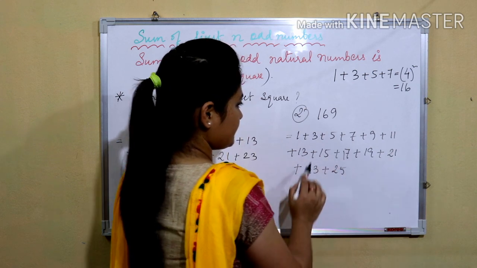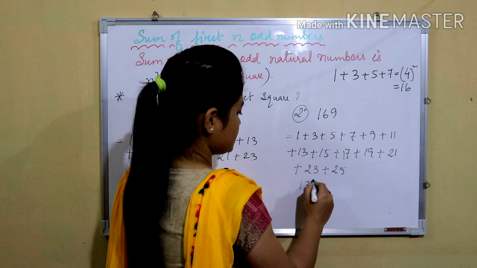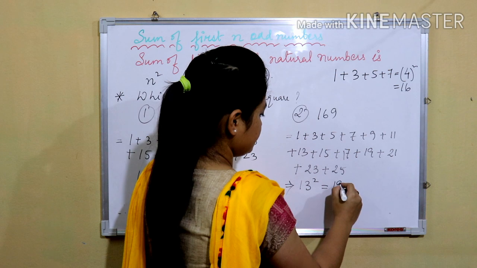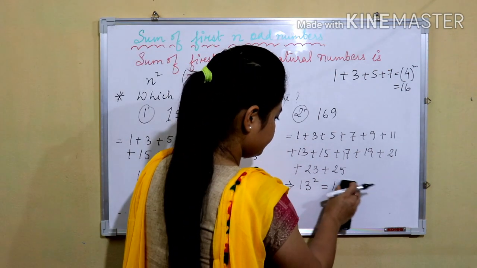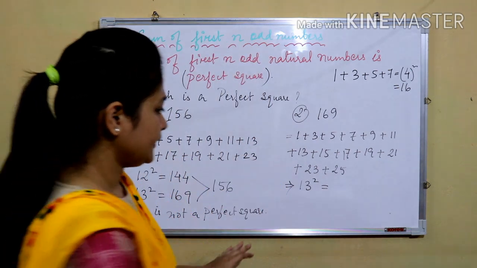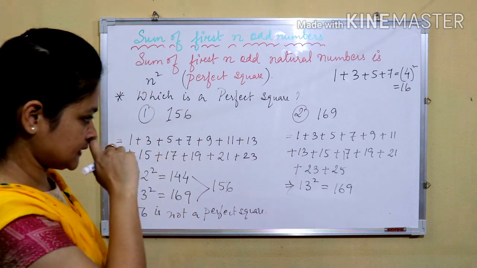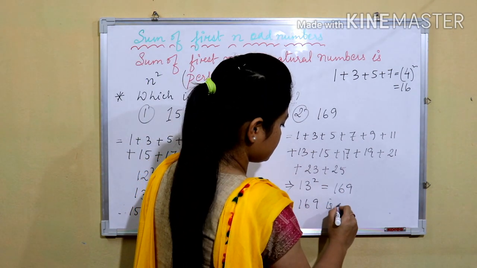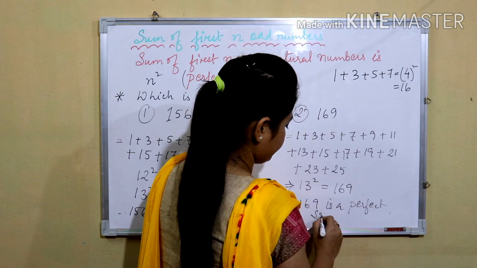So if we add these numbers, yes, we will get 169. That means 13 square is equal to 169, and by adding these numbers also, I will be getting 169. So what can we conclude? 169 is a perfect square.